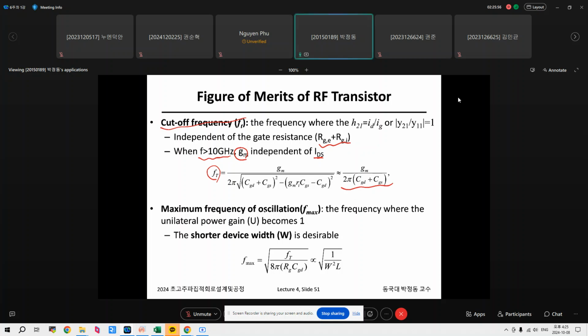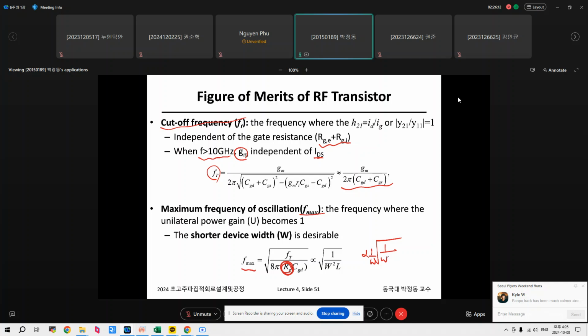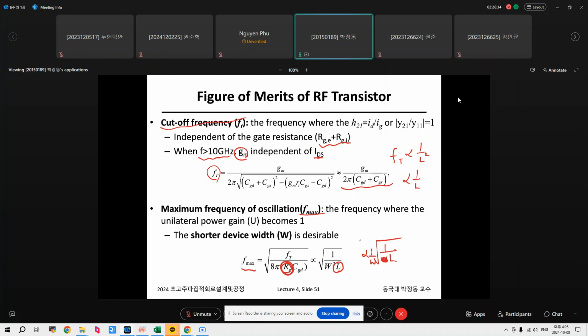However, the maximum frequency of oscillation is a strong function of RG. Therefore, Fmax is inversely proportional to the square root of W, and inversely proportional to L. L is also inversely proportional to something like this for a long channel device, and for a short channel device it is something like this.